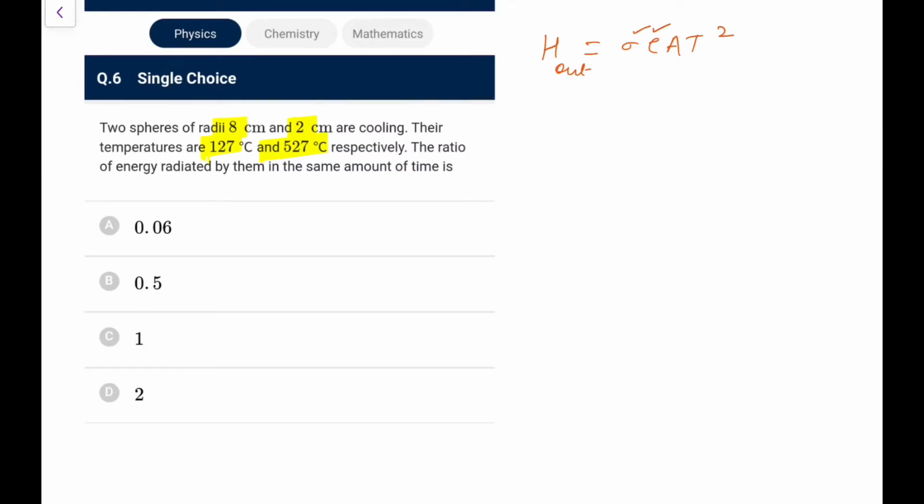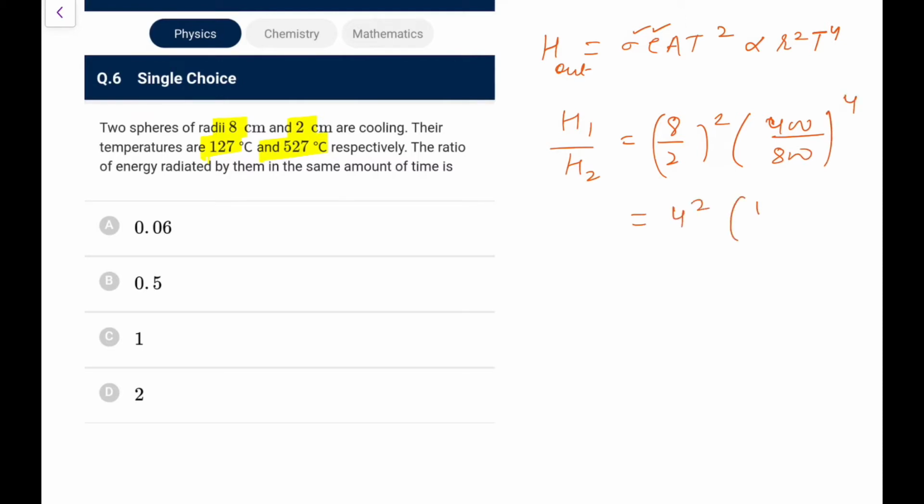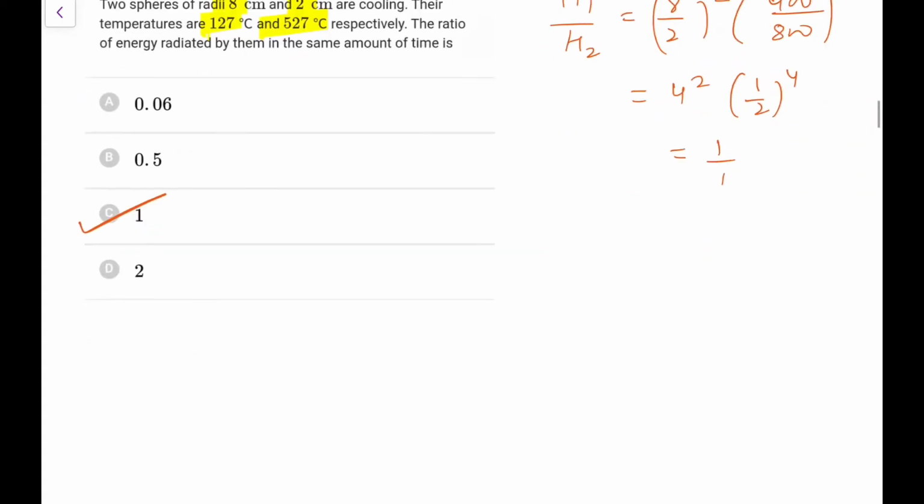So sigma and E are same, so H is proportional to r square T to the power 4. So H1 by H2 would be 8 by 2 whole square, times 400 upon 800 to the power 4. So it is 4 square, times 1 upon 2 to the power 4. That means this is 1:1. So the option would be C here.